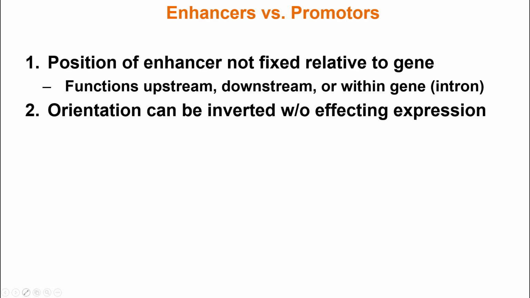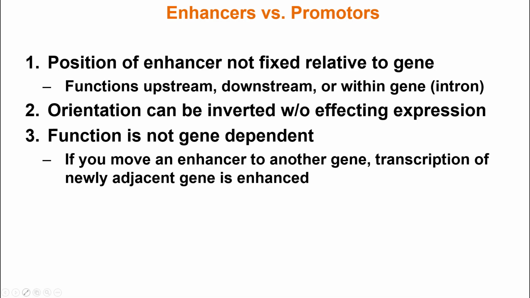The orientation of an enhancer or a silencer can be inverted without affecting expression. What I mean is that it could be backwards. Promoters have to be read 5' to 3', but you could flip an enhancer. You could cut it out, turn it around, stick it back in backwards, and it would still function just the same.